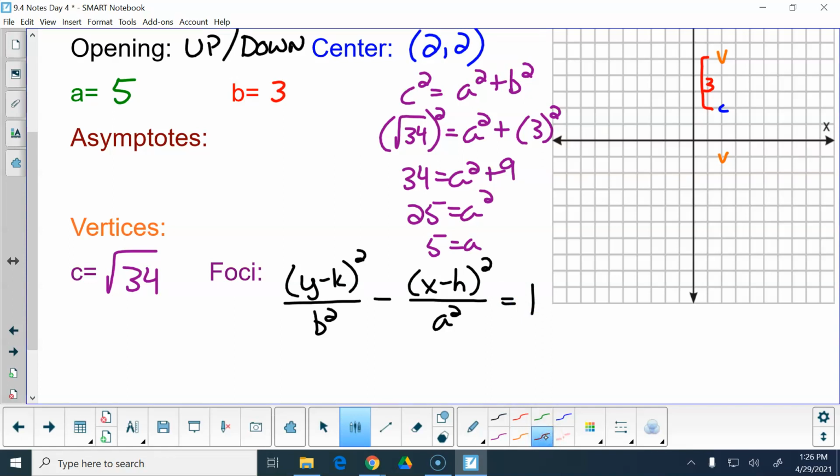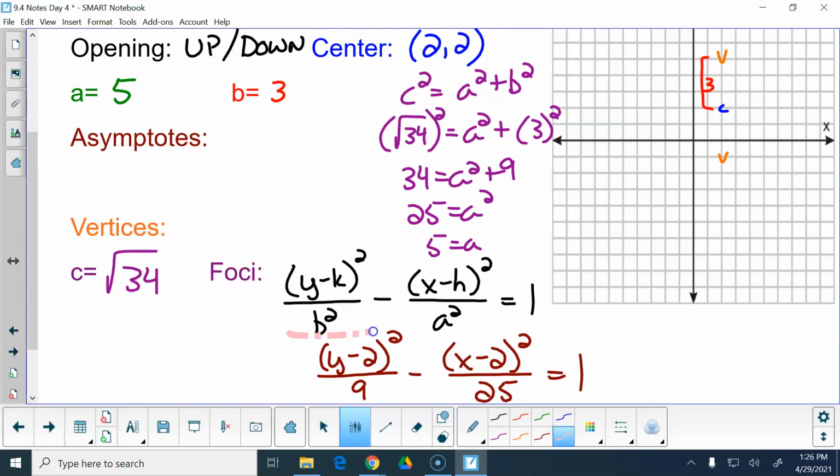So we've got y minus 2 quantity squared over 9 minus x minus 2 quantity squared over 25 equals 1. Yes? Love it.